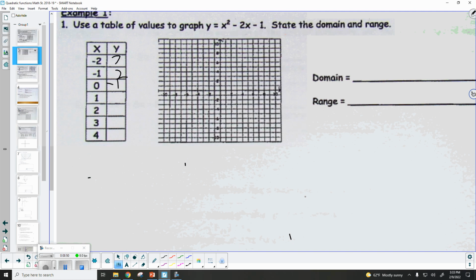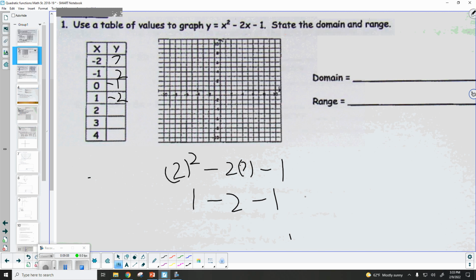And so 1 squared, 2 times 1. So 1, 2, 1. 2. So 4, minus 4, minus 1.